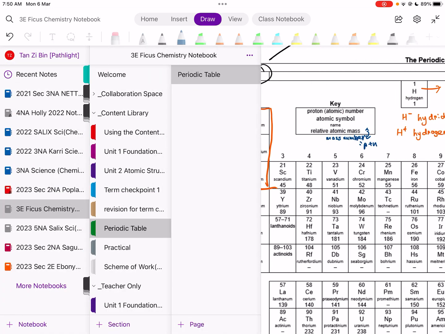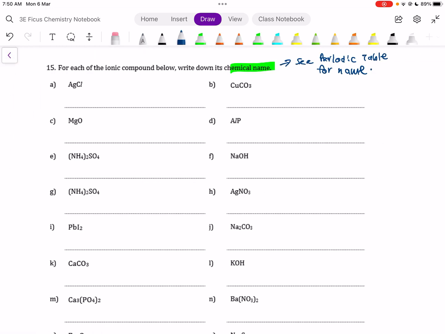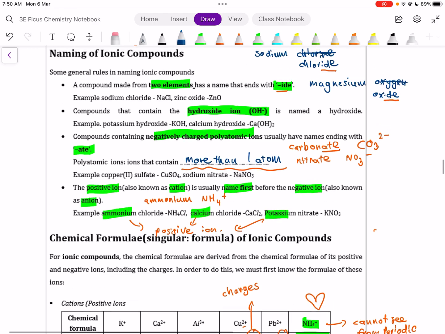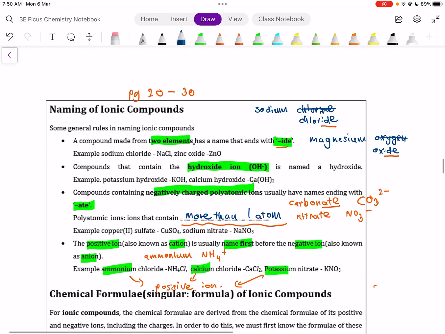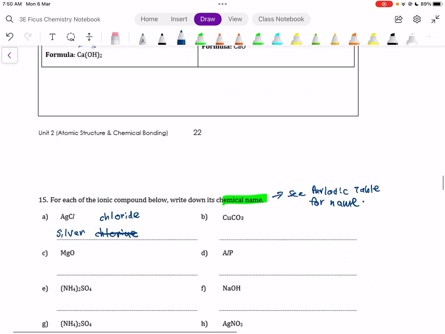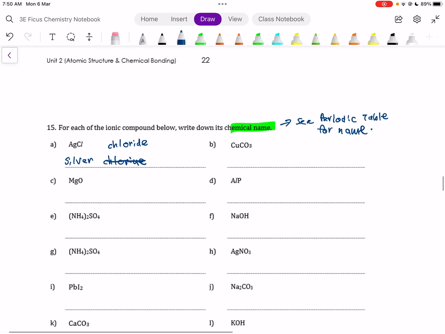Then we go back. This is silver chlorine, but you don't call it that. You change it to IDE. Silver chloride. This one actually belongs to rule number 1, over here. Silver chloride.